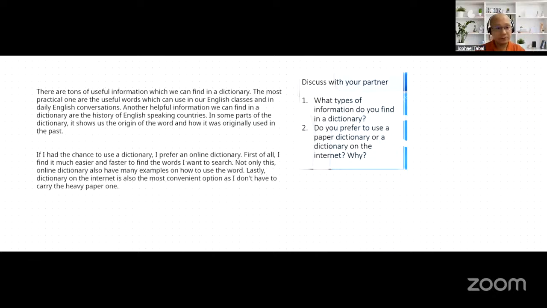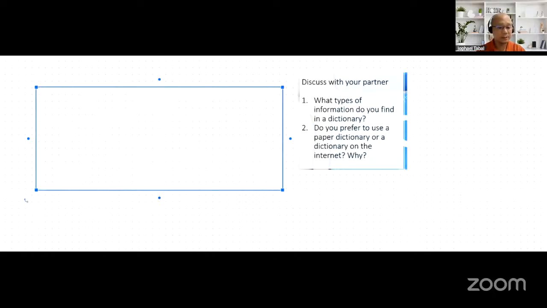There are tons of useful, we learned this before, tons of, okay? So there are tons of useful information which you can find in a dictionary. The most practical one are the useful words which we can use in our English classes and in daily English conversations, okay? And here is a complex sentence.